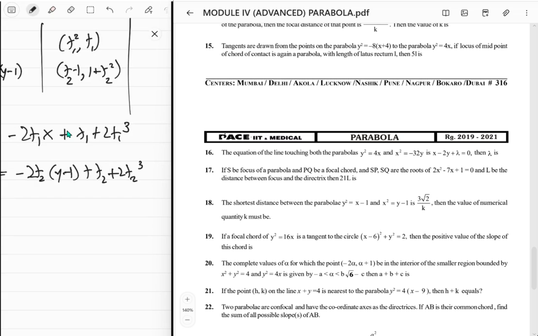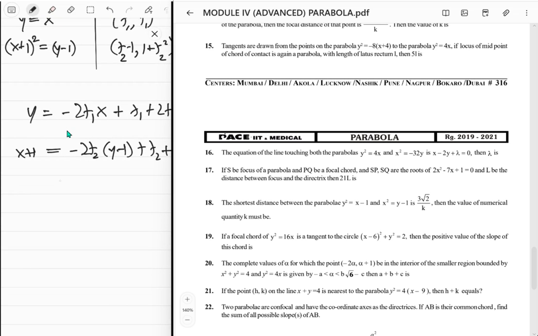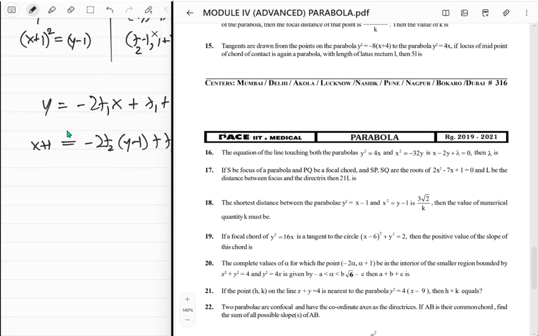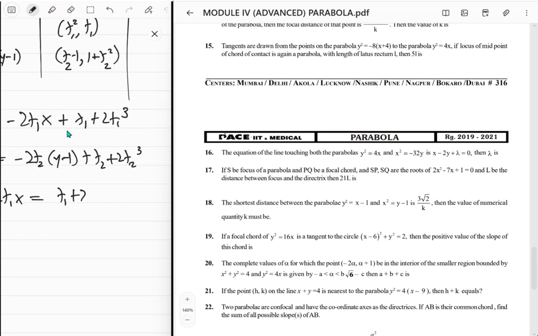Of course. What does that mean? It just means clearing out some stuff. So this guy just becomes y plus 2t1x is equal to t1 plus 2t1 cubed.